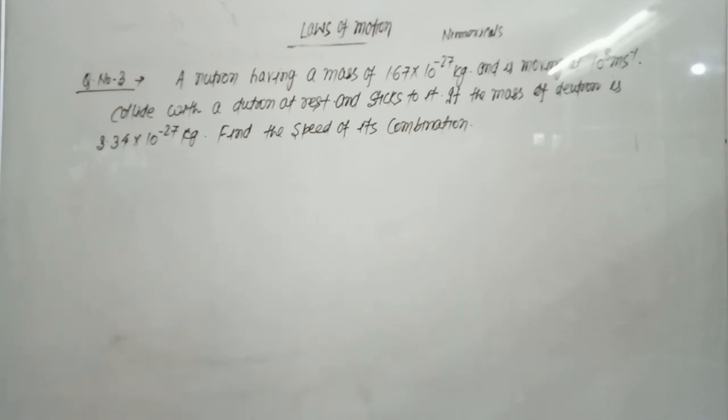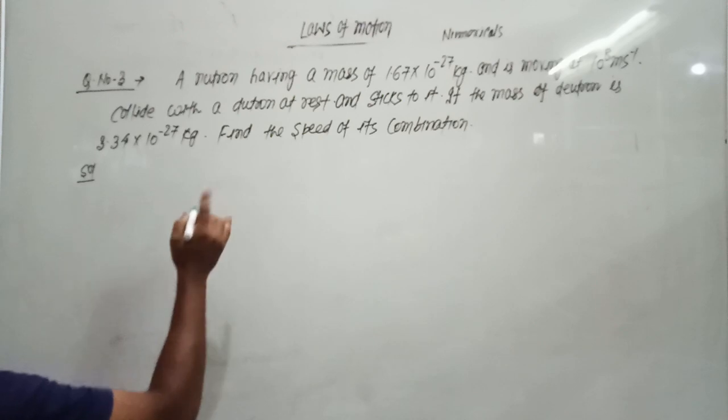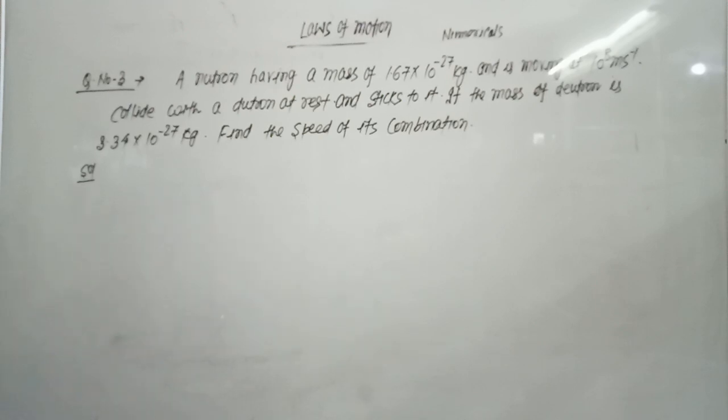The neutron sticks to the deuteron. So the mass of a neutron is 1.67 × 10^-27 kg.